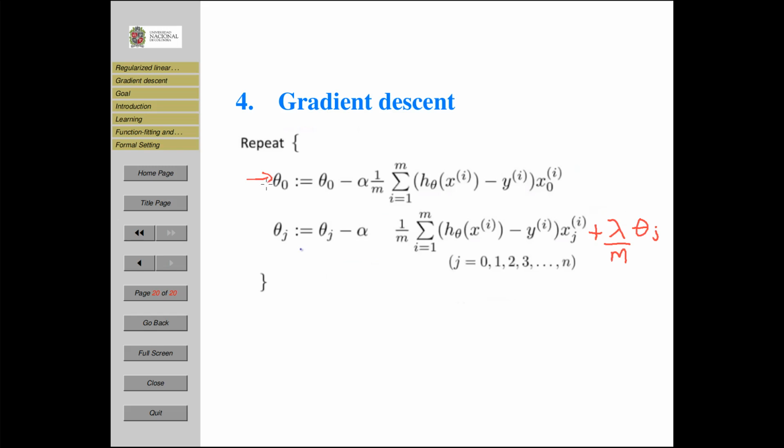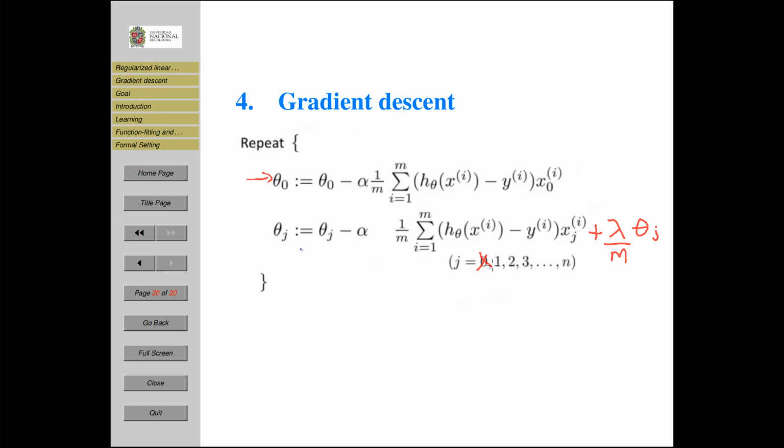The first line is the update for theta 0, and the second line is the update for theta 1 up to theta n, without 0. All we need to do is quite similar to what we did for linear regression, which is just modifying this second update rule as follows.